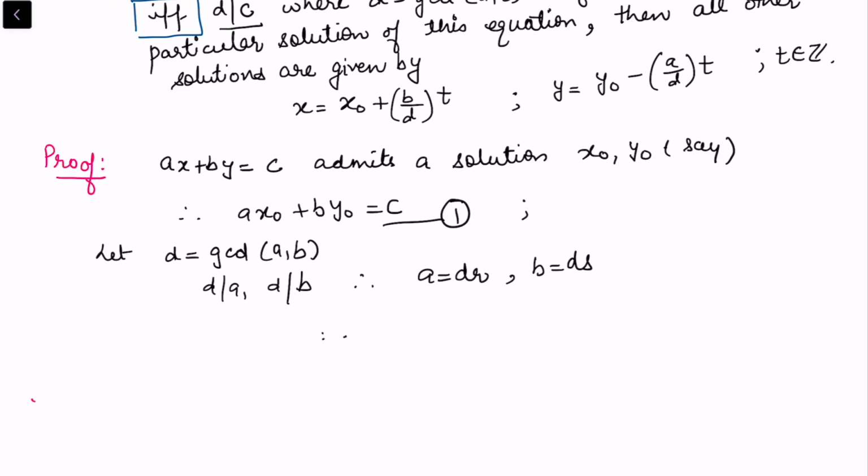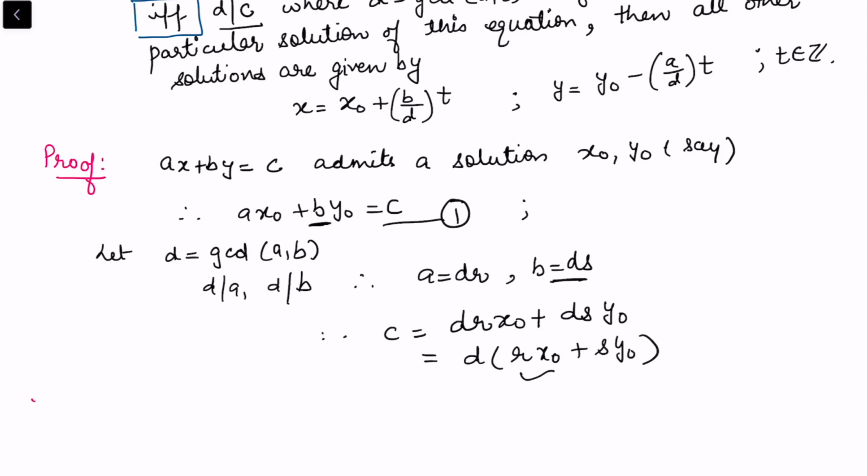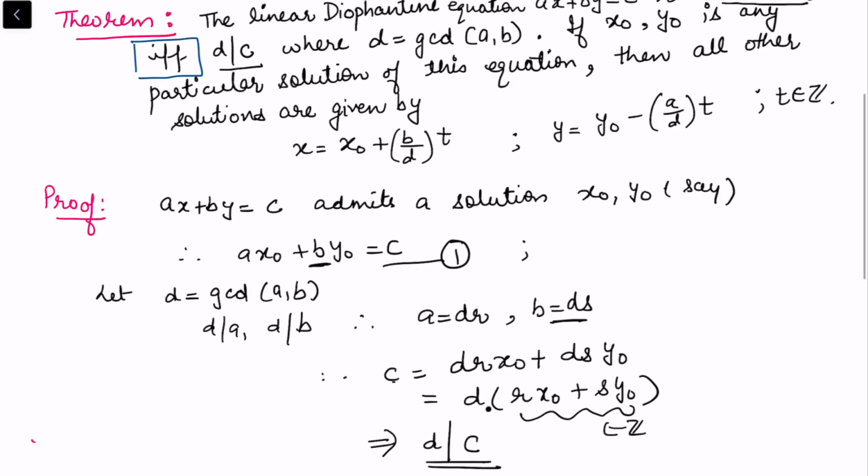So we know that c is the same as dr times x naught plus, substituting the value for b, ds times y naught. Take d common, so this is d times r times x naught plus s times y naught. This is all an integer, and d is of course also an integer, but from here we can see that c comes as a multiple of d. So this implies d divides c, and that holds our condition that we wished to prove, that d must divide c if this admits a solution.